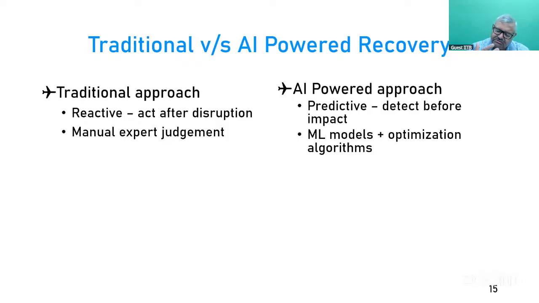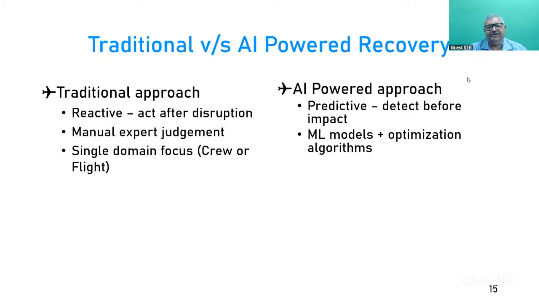Through that available data, these models are able to mine information, extract trends, and then, with the help of optimization algorithms, predict in advance and give you more time to respond. In fact, they also sometimes suggest the best way to handle a particular IROP.